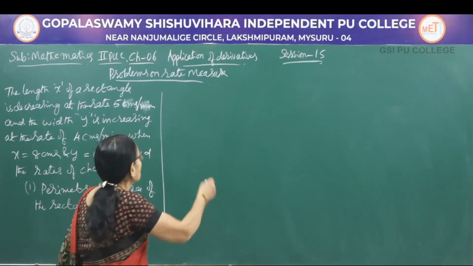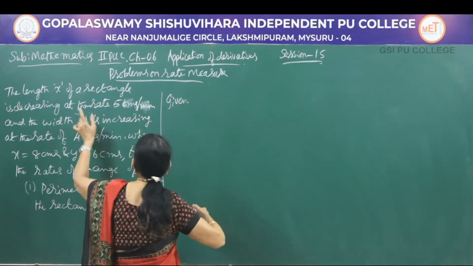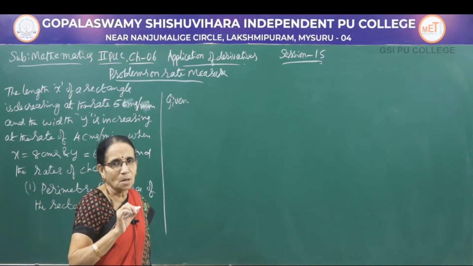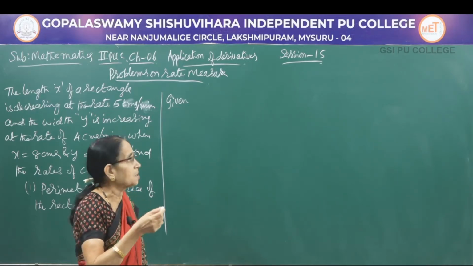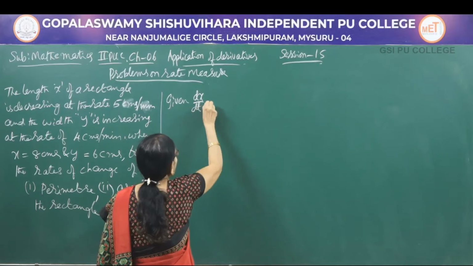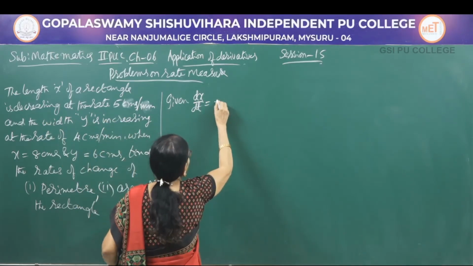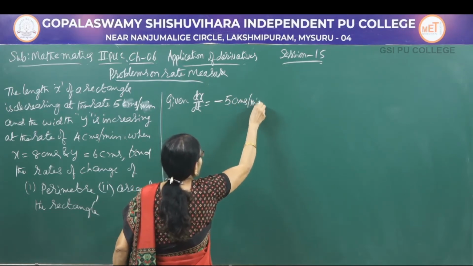So, first let me write here, given. What is given? If x is not mentioned, you should have taken let x be the length and y be the width, but because it is already given, there is no need to denote or define that. Given dx by dt is equal to, it is decreasing at what rate? 5, that is, write it as minus 5 centimeters per minute.